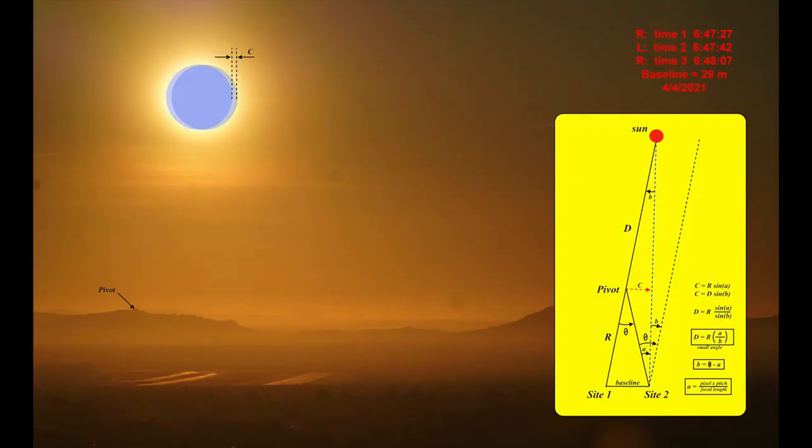Now here are the equations that help us determine the distance to the sun. If you're familiar with trigonometry and geometry, you should find this easy. Basically, we've aligned the photos to the pivot, at a known location. And then we see how much the sun is shifting, distance c.